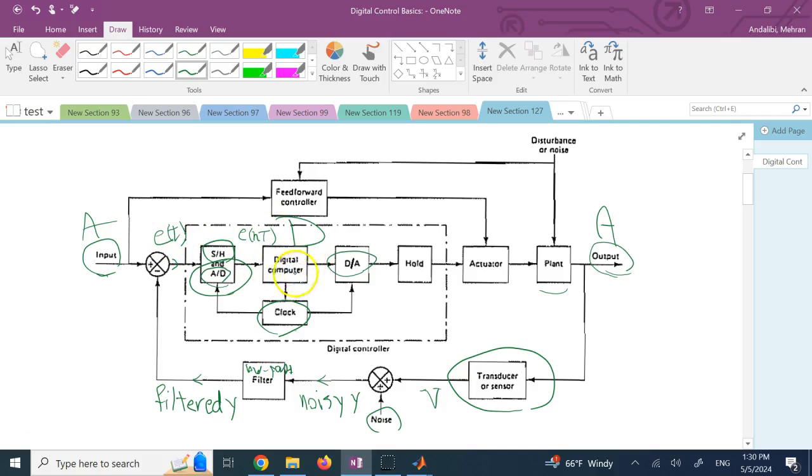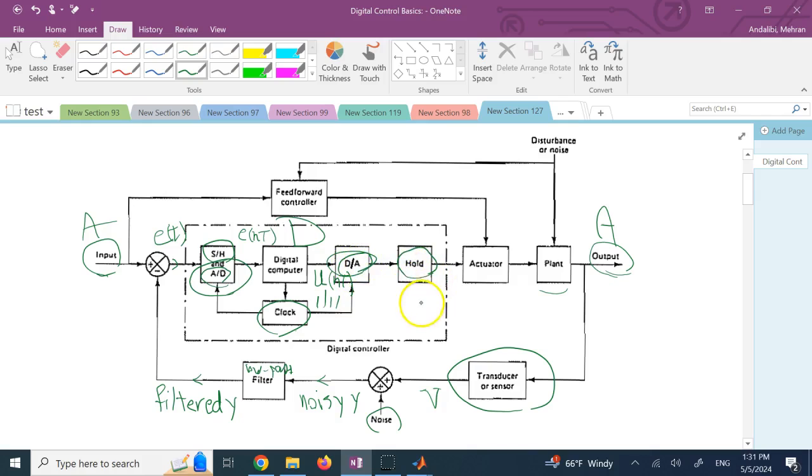Okay, so here is your control algorithm in the discrete space. And then once that control signal U is created, which is like U of nT, now it's just a bunch of points. So now you have to convert it into a continuous signal. So first you use a D to A, we're going to talk about it.